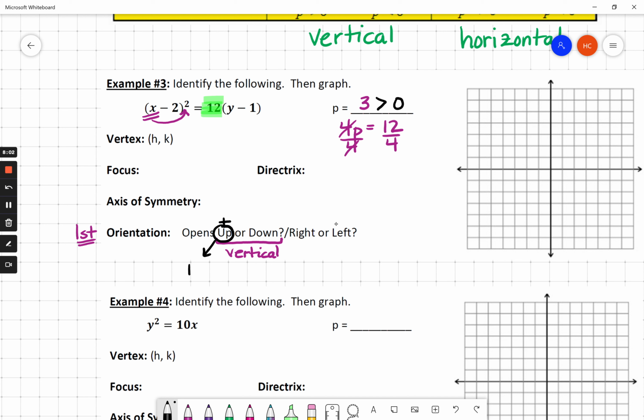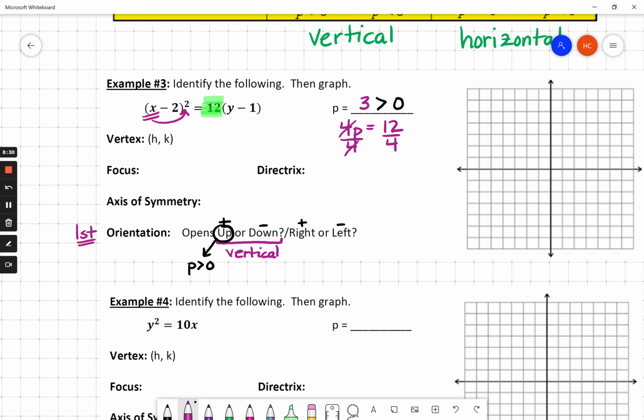Again, why? Because my p was greater than 0. It was positive. So that helps us determine up, down, right, or left. If it's negative, you would say down. If our graph was pointing right or left, p-value positive is right, p-value negative is left, just for future reference, by the way. So that's my p-value, and that's the next thing you would do to help you determine the orientation.